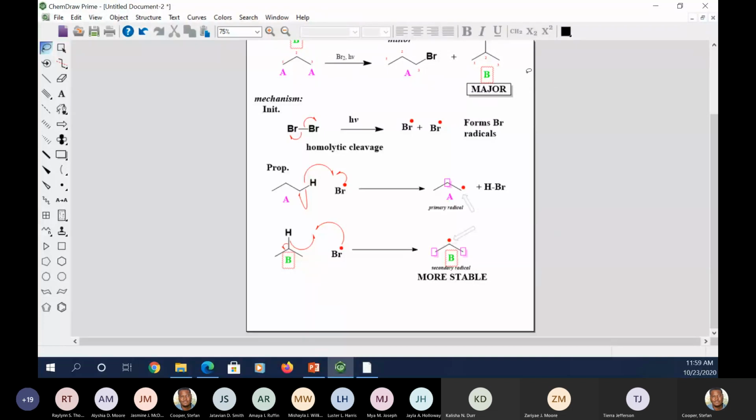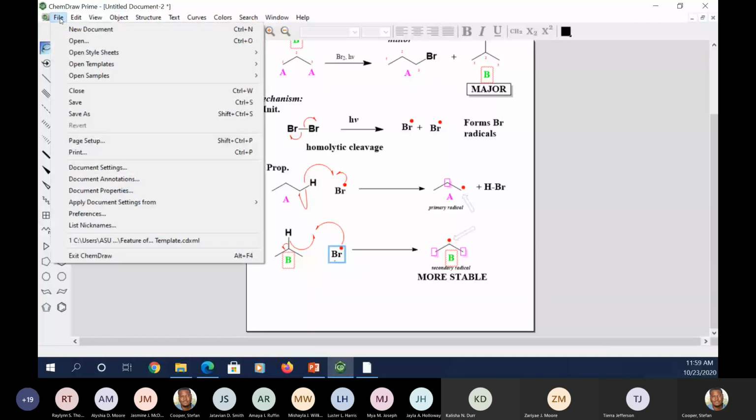The primary radical only has one carbon next to it, but the secondary radical has two carbons next to it. That's better. It's more stable, and because it's more stable, it will always lead to the major product. And that comes from the fact that reactivity is different here. It's easier to pull this hydrogen than that one because things are favorable here as an intermediate. This wants to form this versus that. So the reaction is going to dominate in that way. Did I answer your question?